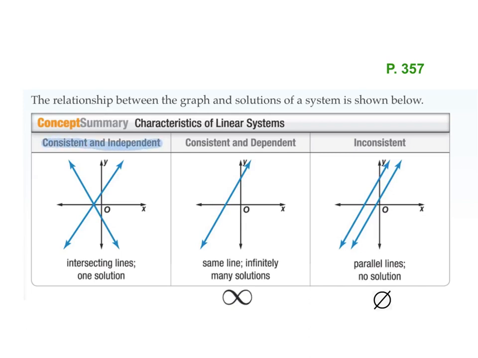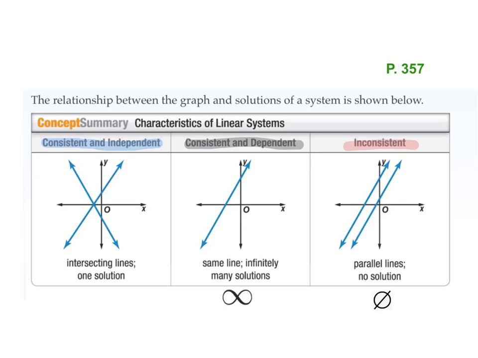If there is one solution, we call it consistent and independent. We use the word consistent to show that there is a solution. If it does not have a solution, like the far right, we say that it is inconsistent. If it has infinitely many solutions, then we say that it is consistent and dependent. I put the symbols down there for you if you wanted to use those.